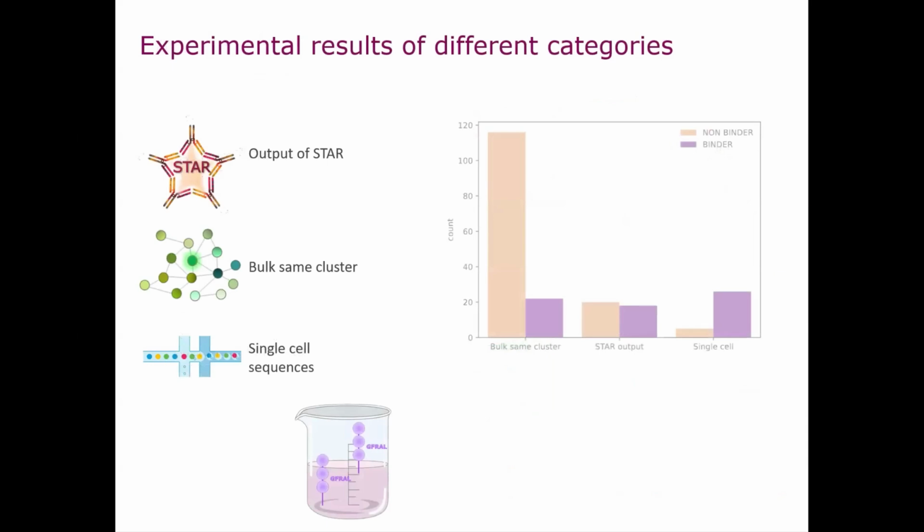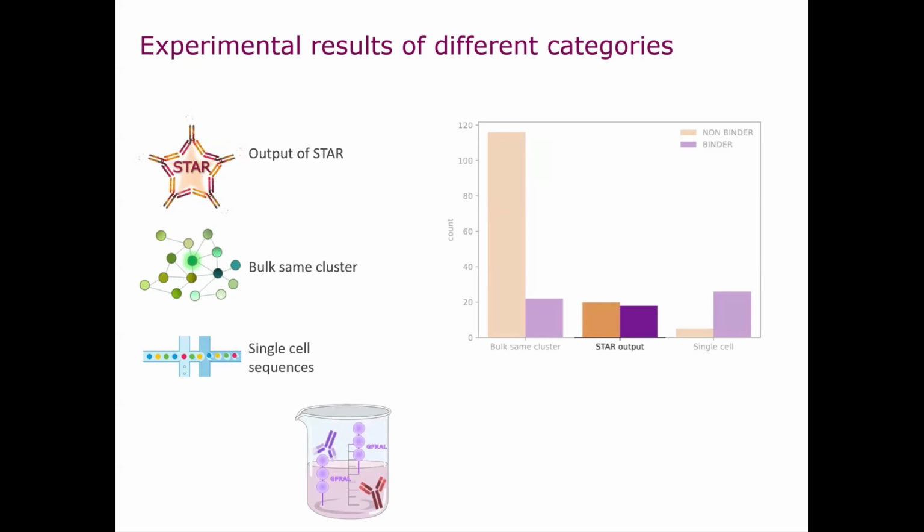So we can look now at some results. We had the room to test over 200 monoclonal antibodies against GFRAL, and we chose them according to three different criteria. Of course, the first one are the sequences that were output of STAR, and this resulted in 50% of binders.